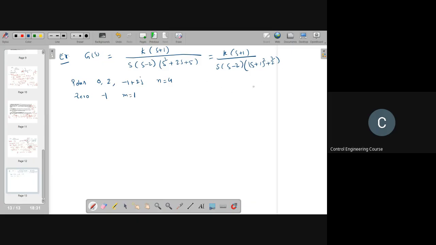Now first plot this. We mark the poles and zeros. We are having a zero here, and one more pole on the right half of the s plane.